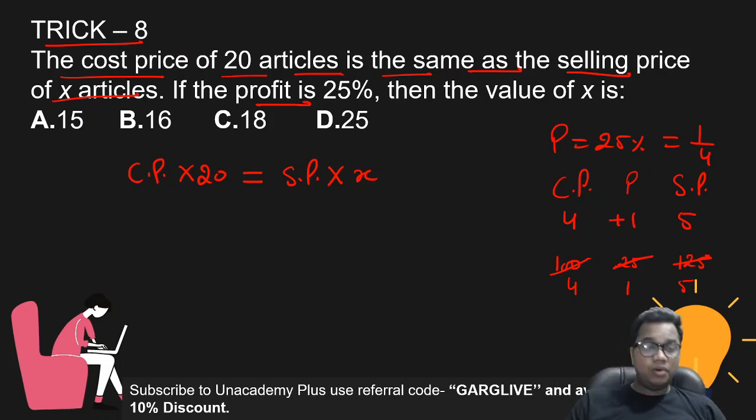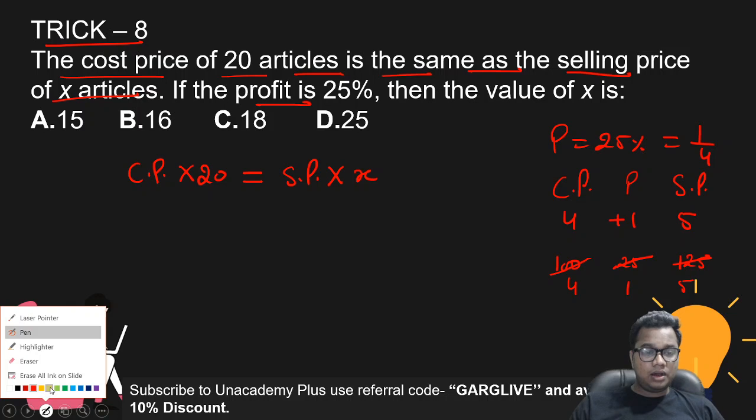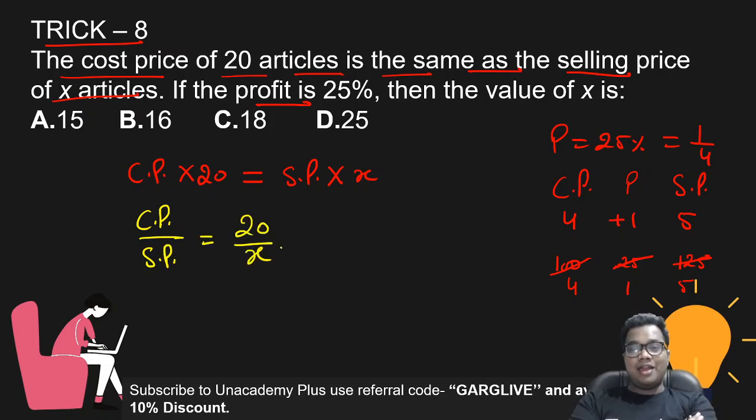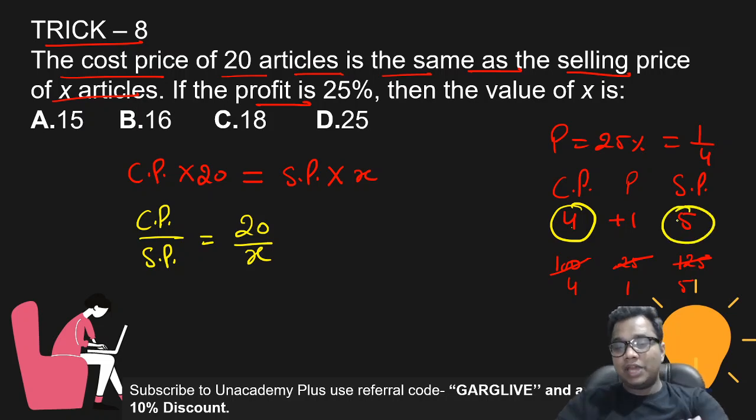Now, how to solve? CP of 20 equals SP of X. So I can say that CP upon SP equals 20 by X. And I know the ratio of CP and SP: if the CP is 4, then the SP is 5.